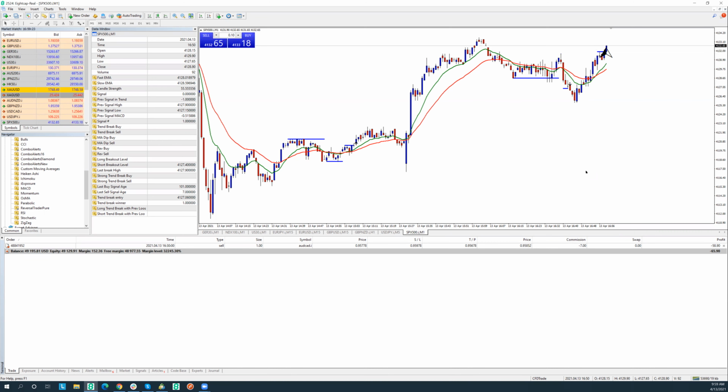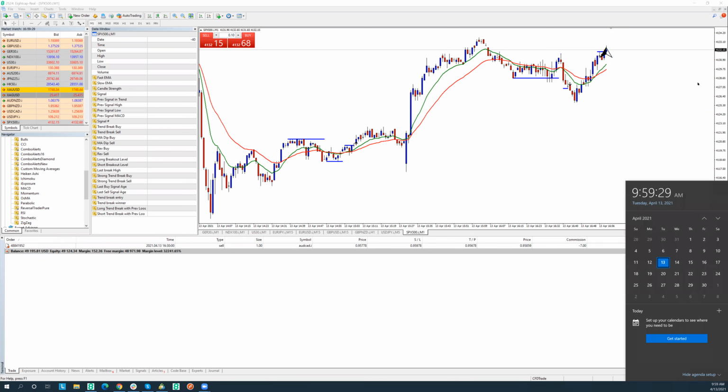Trying on this one. Let's see if this candle breaks us out. Where are we at? 9:59, 10 o'clock. Got 30 seconds. Let's see if this candle holds.